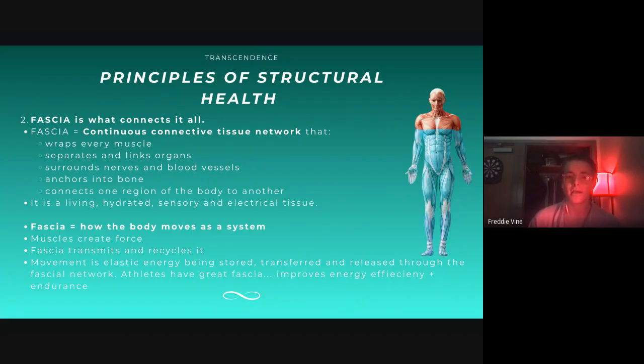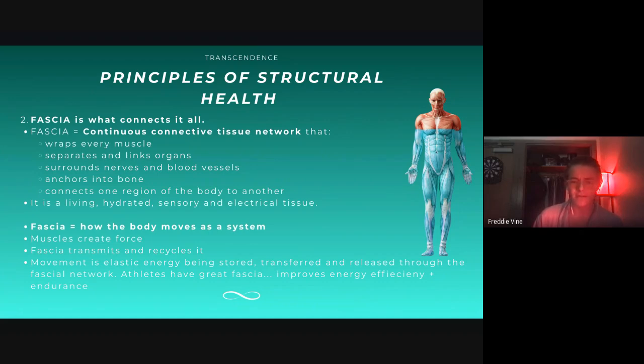It's why endurance runners can run for a long time, because their fascia is very optimized. They're not losing any force when they move. It's all efficiently being transmitted throughout the body. So this is just one example of its importance from a movement perspective. It's very good at facilitating efficient movement, and it's really important from that perspective.